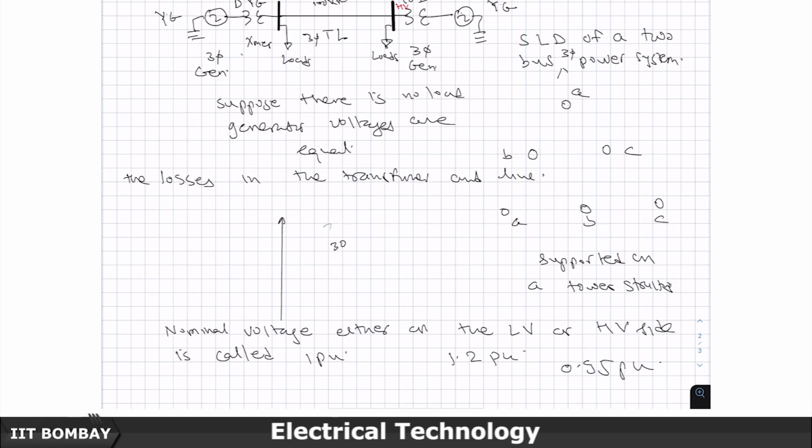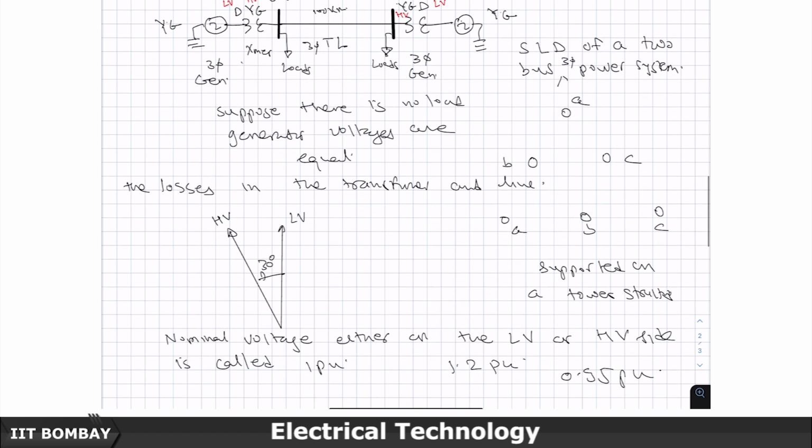So, if this is HV, suppose this is your LV side, the generator, and the HV should lead. In per unit, both the voltages are 1 per unit only, but it leads by 30 degrees.